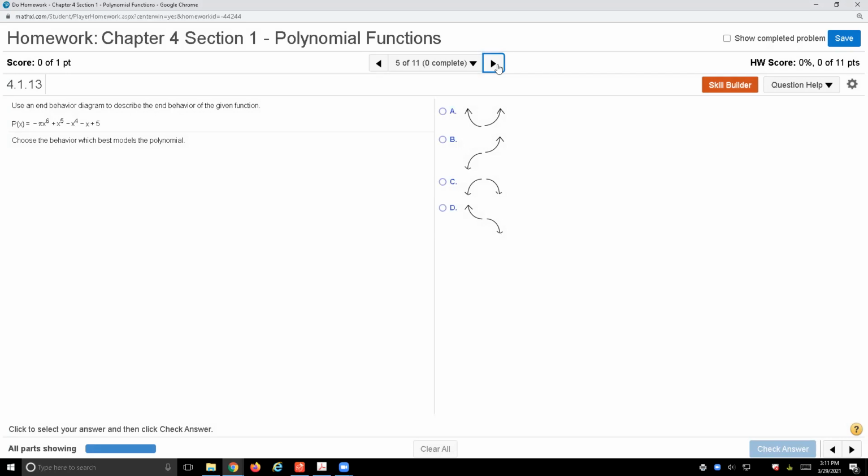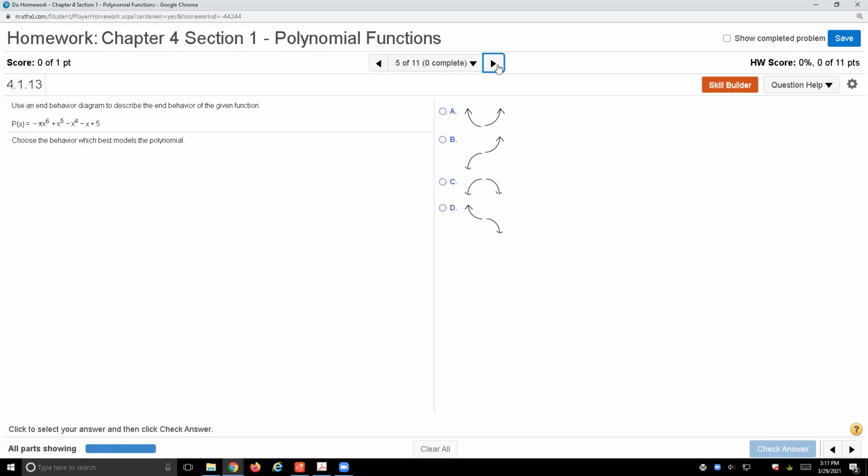All right, same concept here for the 5th question. P of x is equal to negative pi x to the 6th plus x to the 5th minus x to the 4th minus x plus 5. Tell me the end behavior here. Yeah, the degree is 6.